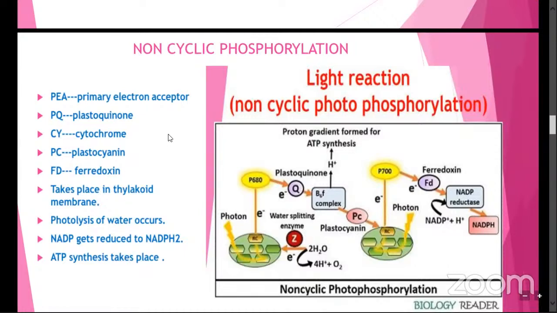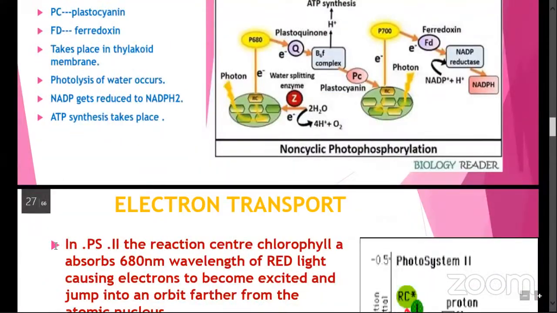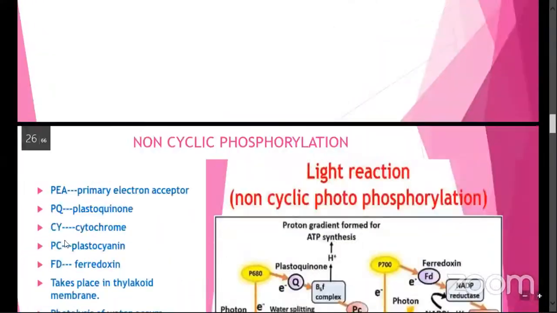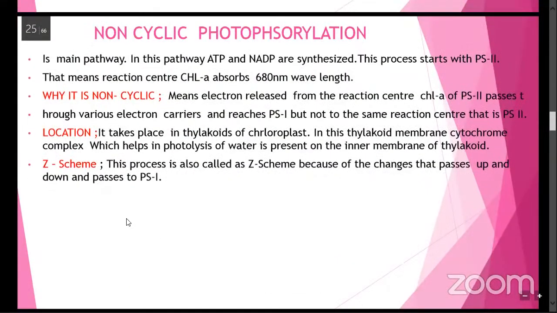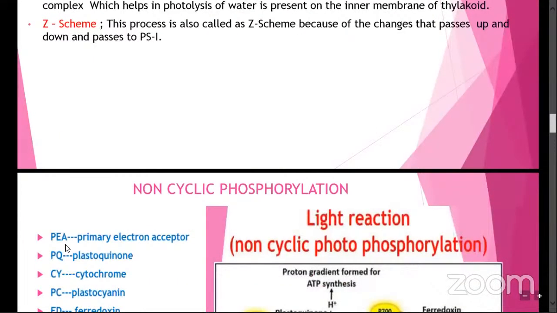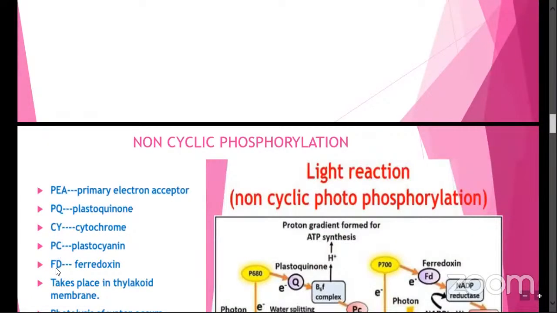Why is it called non-cyclic? The electrons released from the reaction center, which bears chlorophyll A of pigment system 2, pass through various electron carriers like the primary electron acceptor, PQ plastoquinone, plastocyanin, the cytochrome and ferredoxin.